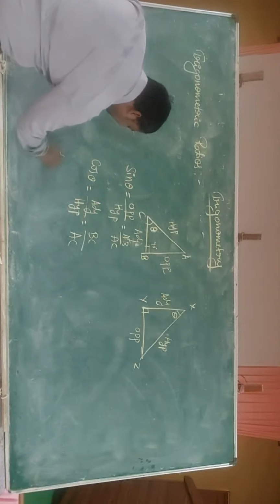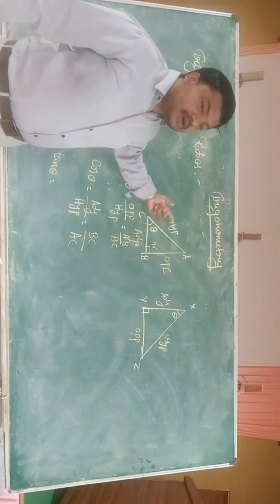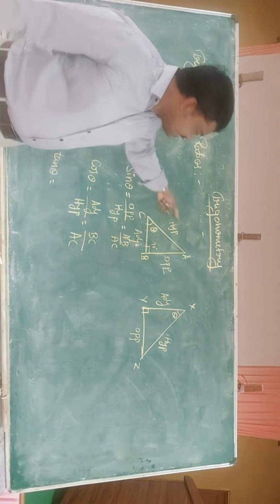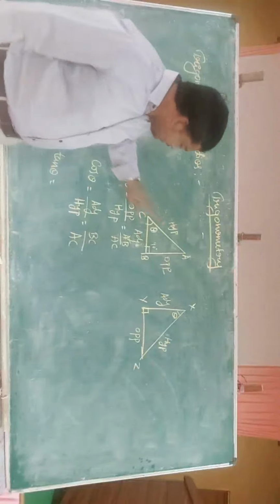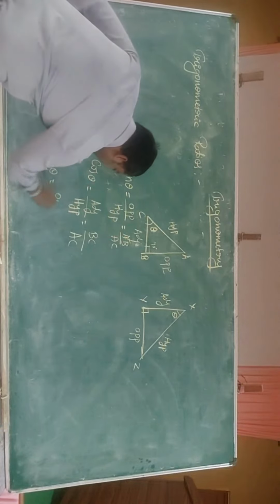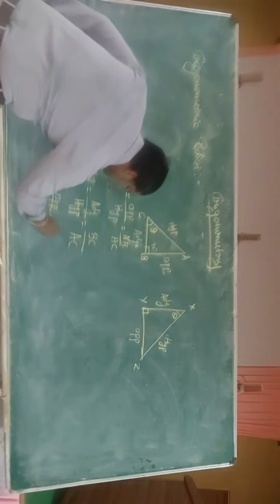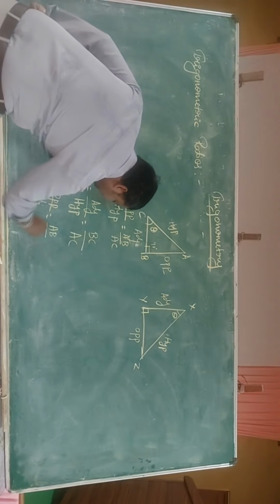Tan theta is equal to opposite upon adjacent. We are not taking the hypotenuse here. Opposite upon adjacent is equal to AB upon BC.